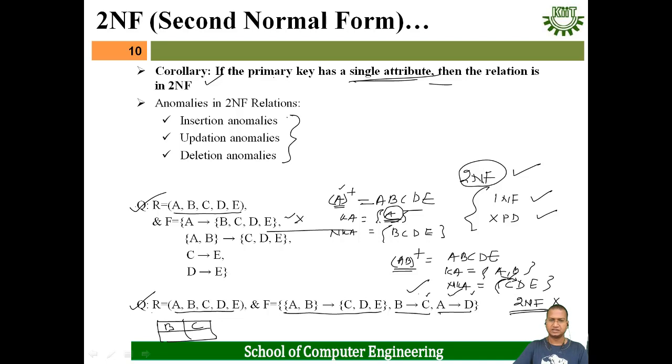In another table I have to take A and D. Here B will be your primary key, and here A will be your primary key. In the other table, except the right-hand side part, that means C and D, all other attributes will be present. That means A, B, E will be present.